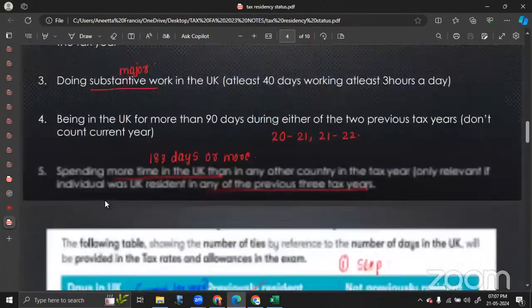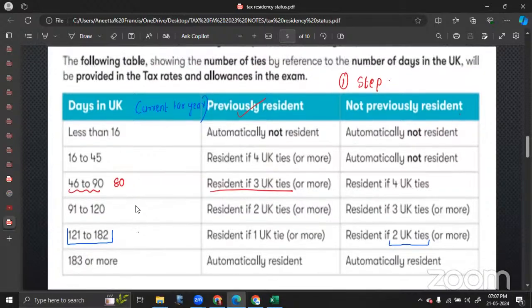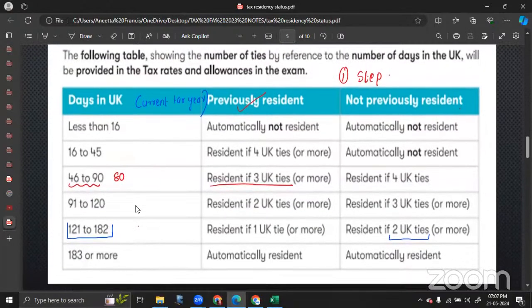I always tell you a rule for doing the sufficient ties test. First, you take the table. If you have a situation where you have to use the sufficient ties test, go to the table. From the question, identify the number of days they stayed in the UK during the tax year. Also, you need to identify whether they were previously resident or previously non-resident.